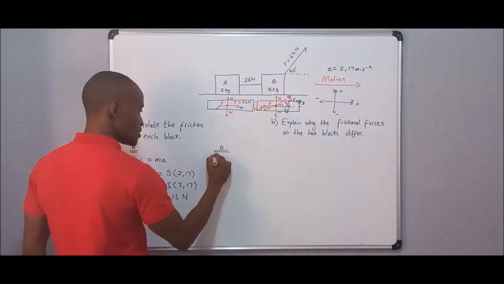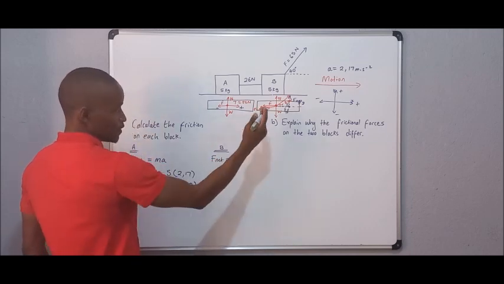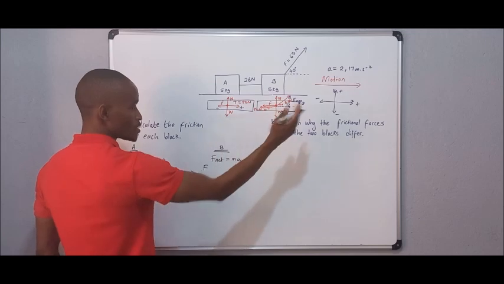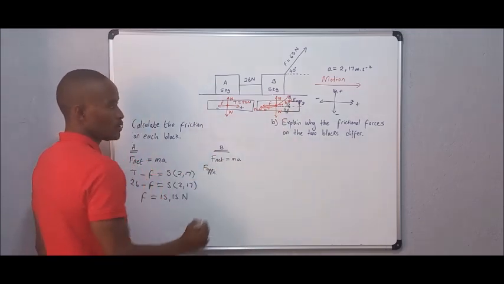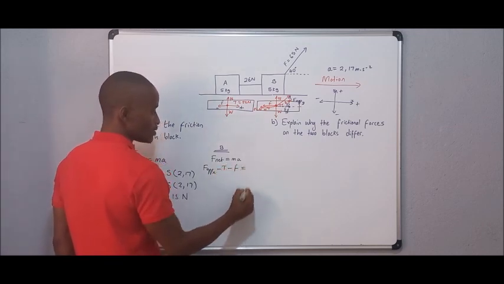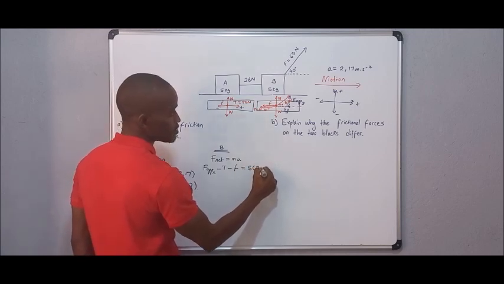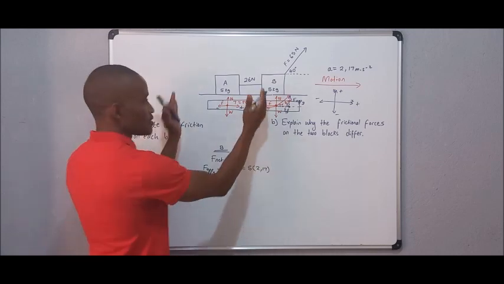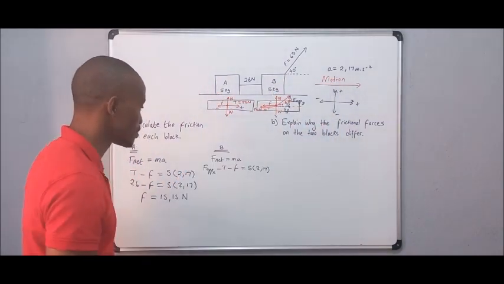Okay, so we understand that your F net is equal to MA. Your applied force is in the positive direction by choice of direction there. Okay, you minus the tension, you minus the friction, and the mass is still 5, and the acceleration is the same. Remember, this is a system, so it moves together, and therefore the acceleration is the same for both.